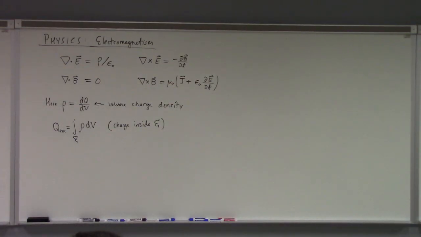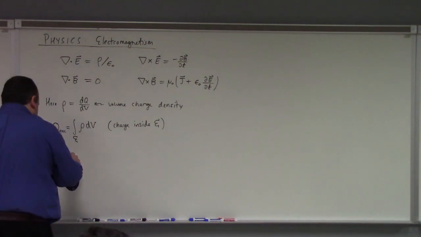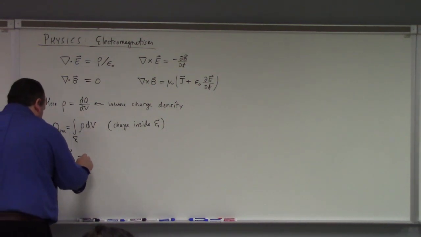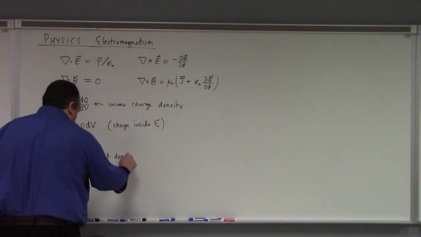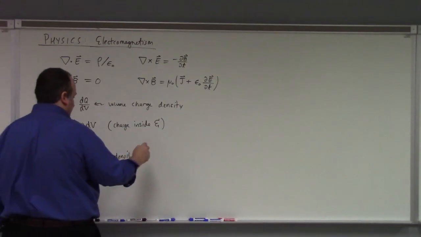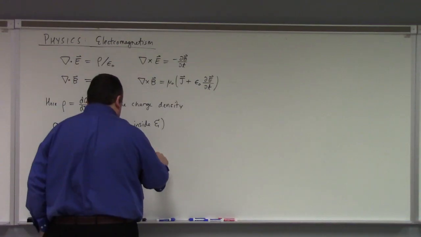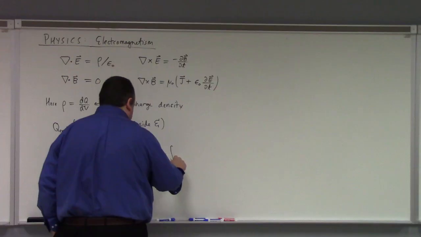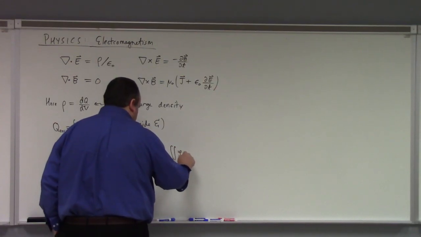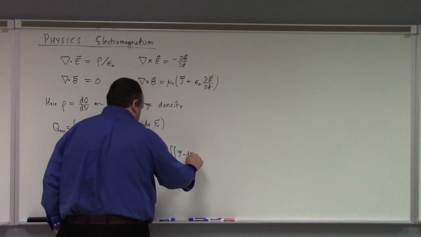Now J is a little weirder. J is what's known as the current density. It's the current per unit area. So if I do the current enclosed, I could do, say, the integral over S, it's a double integral, actually, of J dot dS.